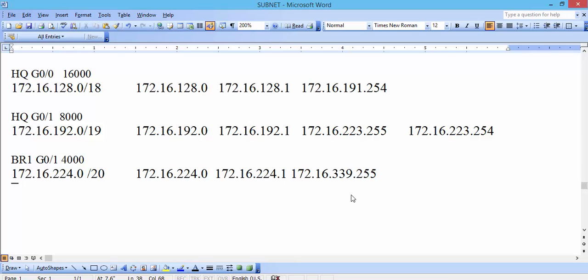And the last host address is going to be 172.16.239.254. We applied the same formula when we calculated the subnets for the first host range for HQ gigabit 0/1 and HQ gigabit 0/0.